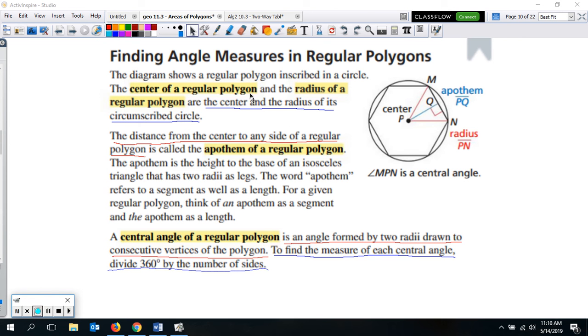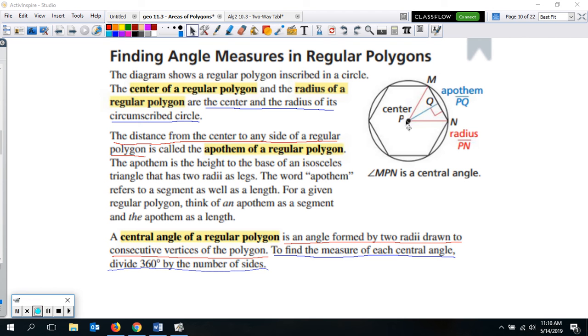So for each of those, you can just kind of put that for both of them, that the center of this one, the radius, and they're both going to be the center and the radius of the circle that's around this. So your center point's the center point of the circle that this polygon is in, and the radius is going to be the radius here of the circle.